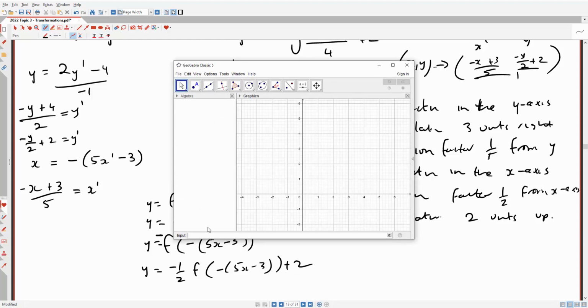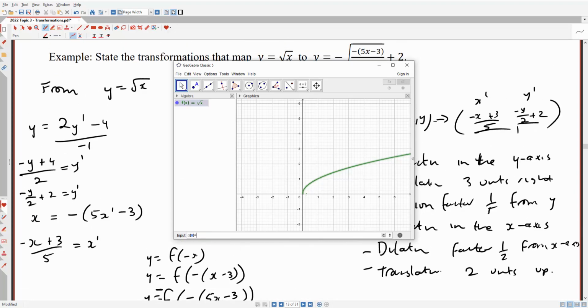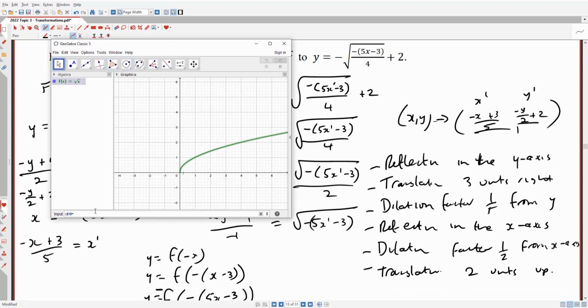Okay, so we'll say that f(x) equals the square root function, and g(x) equals, I can't remember what it was, negative square root, open the brackets for the square root, open the brackets for the numerator, negative, open the brackets, 5x take 3, close the brackets for that, close the brackets for the numerator, divide by 4, close the brackets for the square root, plus 2.